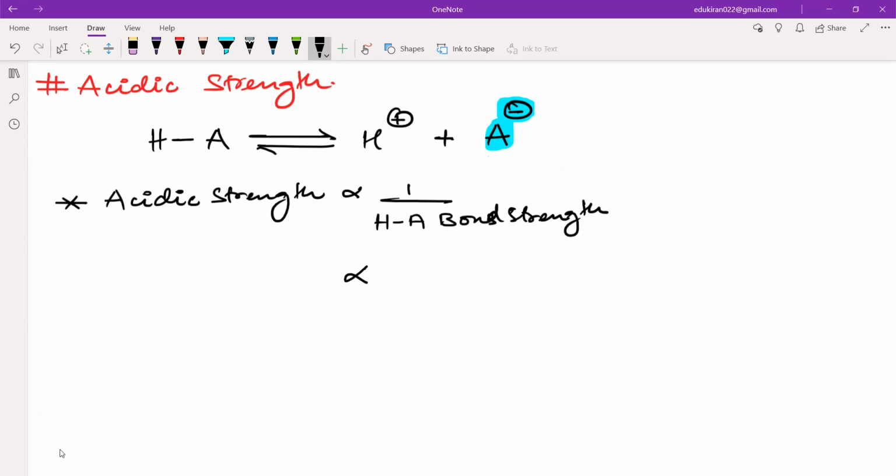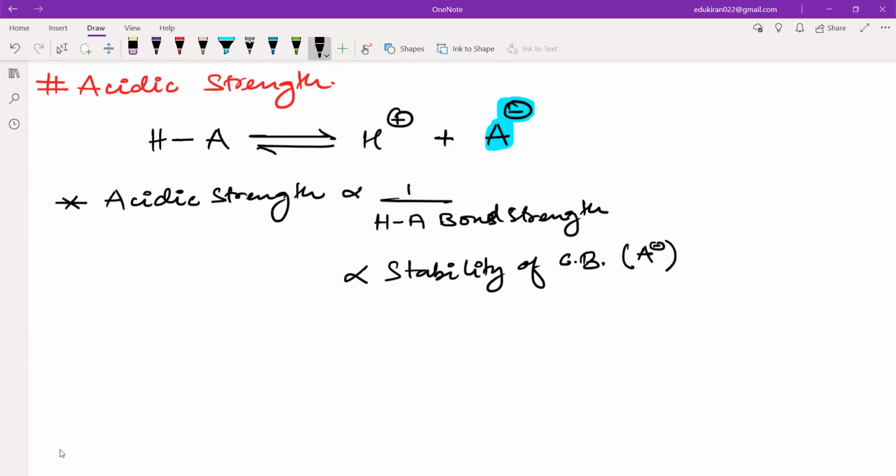Also, it is directly proportional to the stability of the conjugate base, that is A negative. If it is stable, then it can easily form product and we will get more and more A negative, and there will obviously be H positive, so acidic strength will be higher.